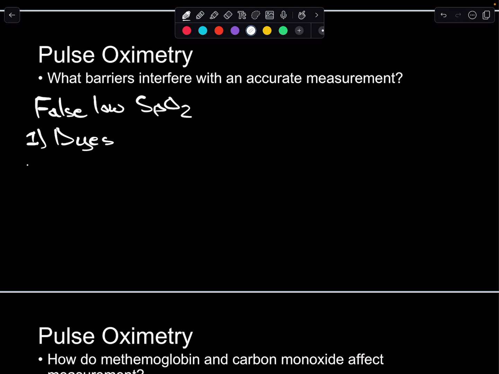Those can produce a falsely low SpO2 reading if they are injected intravenously. Blue nail polish. And then shivering or other motion.